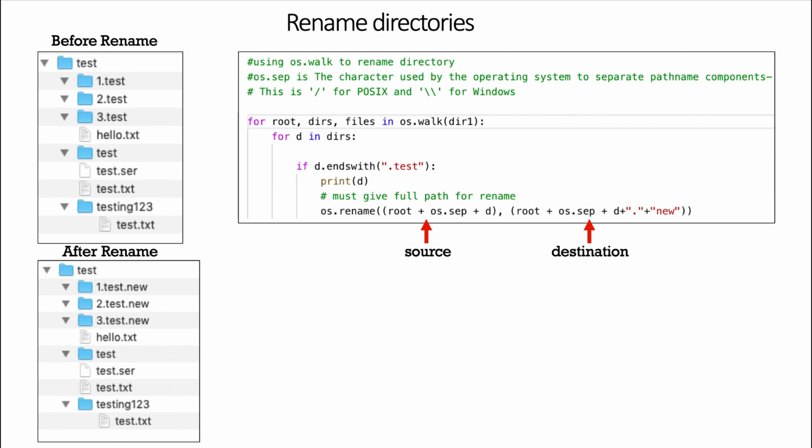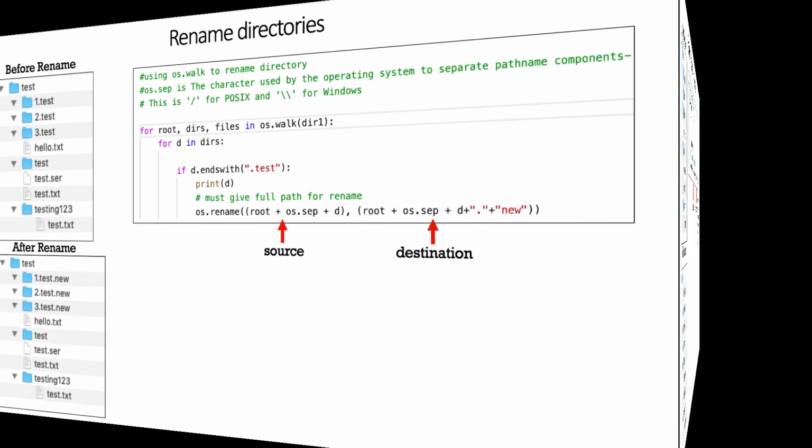So we give it root + os.sep + d, which is the actual name of that subdirectory. And again, it'll only pull those if it ends with .test. Then the destination will be very similar: root + os.sep + d + a period plus the word new. You see that we were very successful, because those three folders have now become 1.test.new, 2.test.new, and 3.test.new. So mission accomplished, we're good.